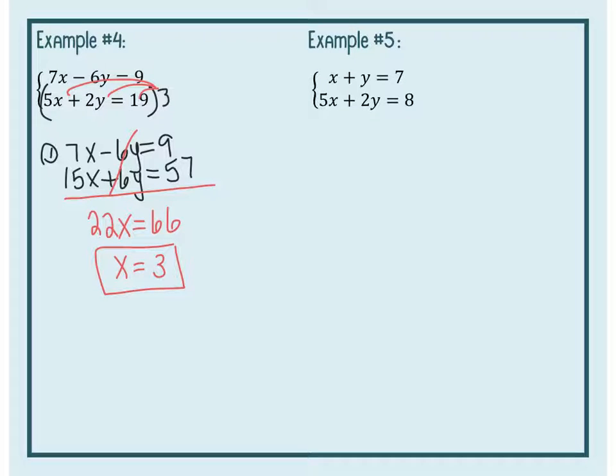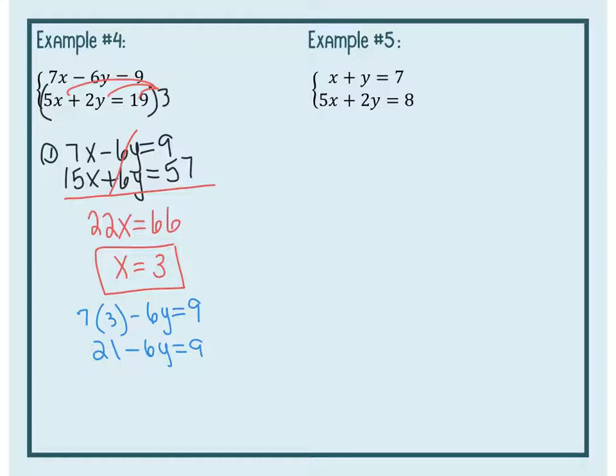Now remember that you can take that x equals 3 and plug it into either equation. I'm going to go ahead and plug it into the top equation. Okay. Distribute into the parentheses. And now I have to solve for y.